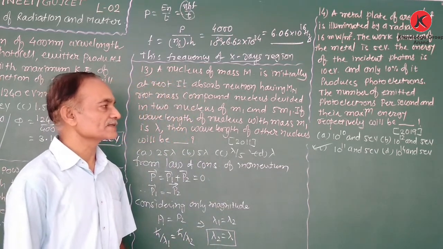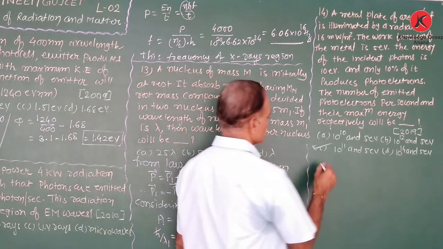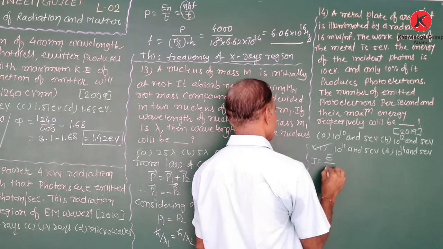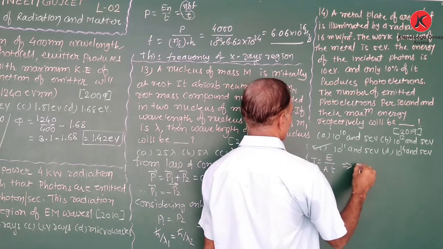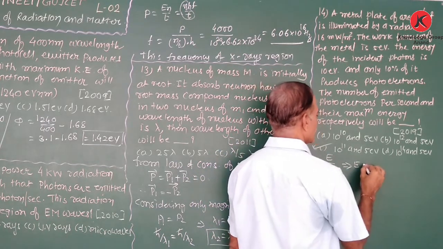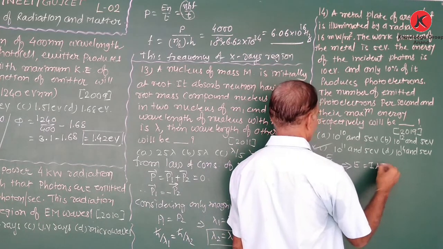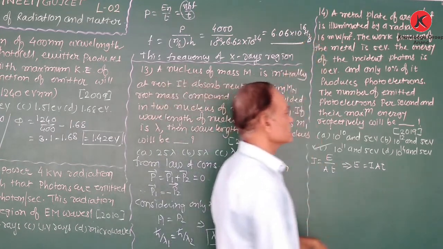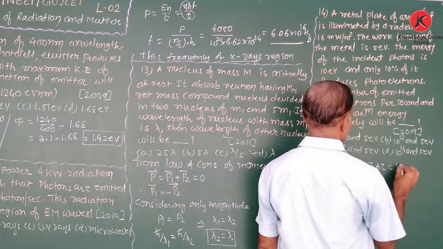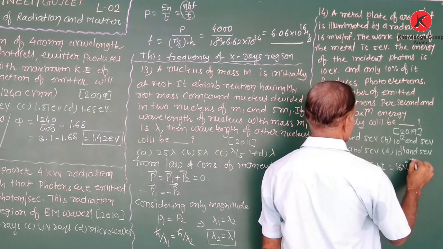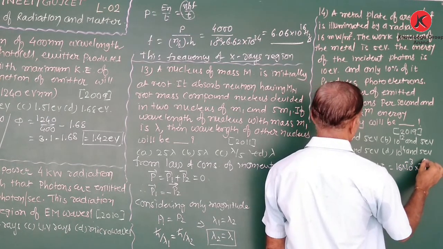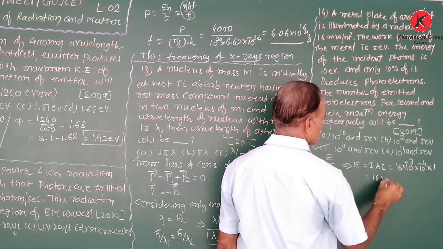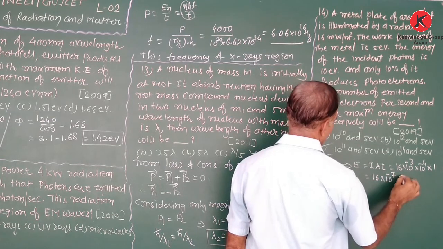Now for that purpose we know that the intensity I is equal to energy per unit area per unit time. Therefore total energy E = IA. I is given as 16 milliwatt per meter square, right? Therefore 16 × 10⁻³ times area 10⁻⁴ and 1 second, therefore 16 × 10⁻⁷ joule.